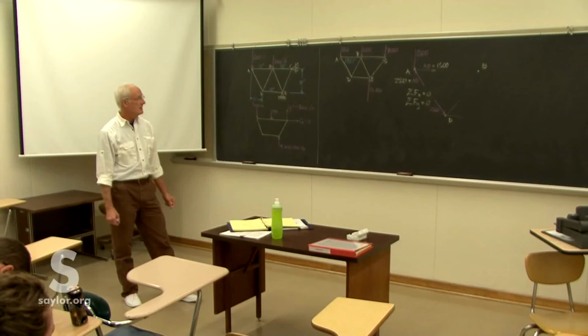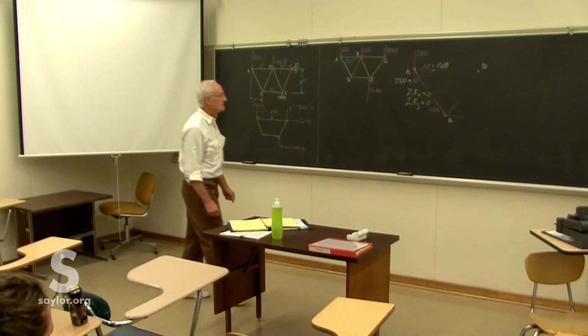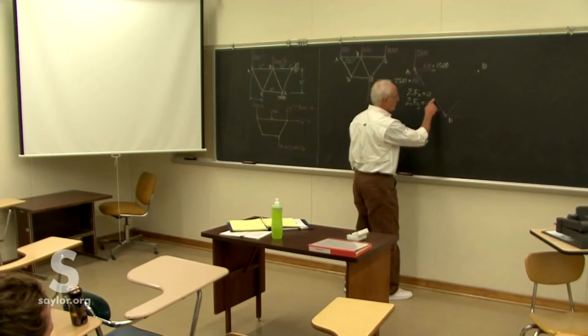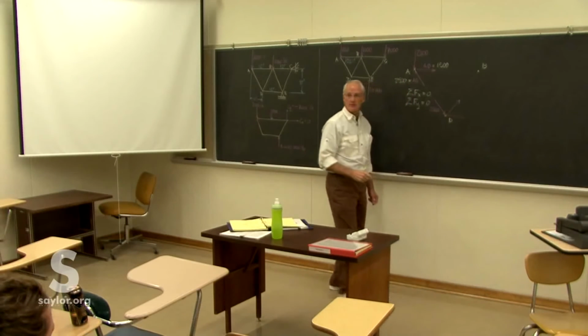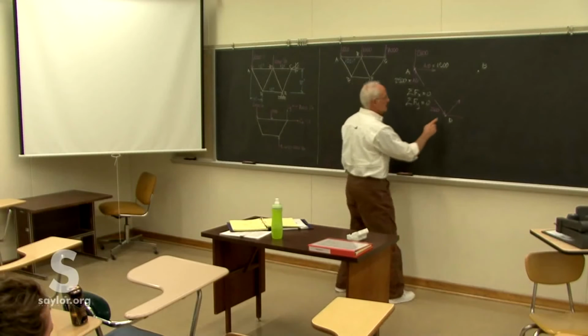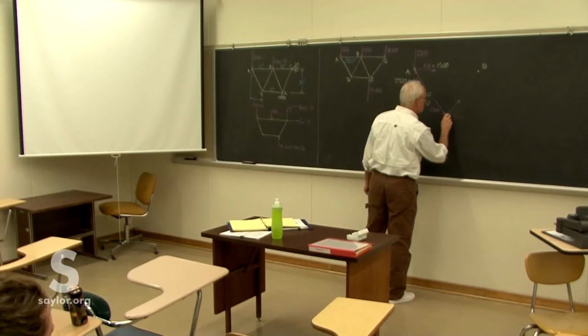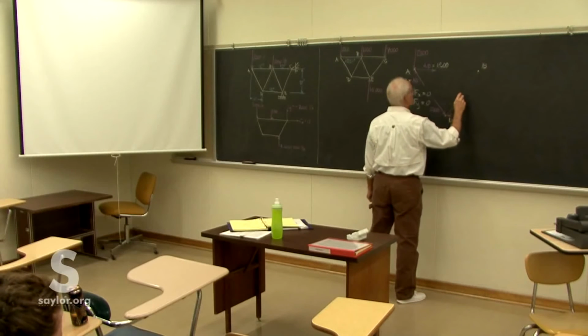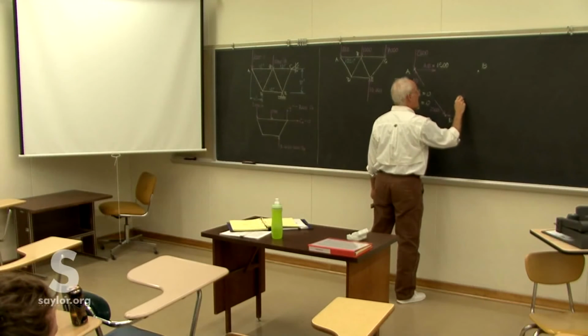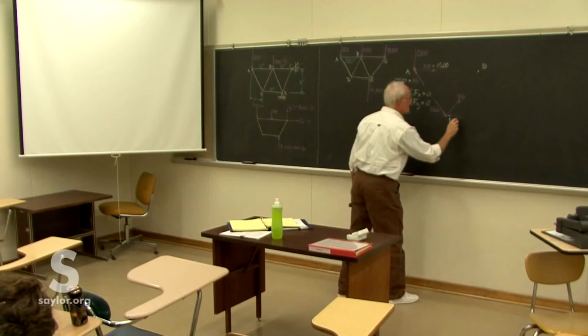But if we do, let's make an assessment. We know this one's coming down. This one's got to go up. And since that's one going to the right, that one must go to the left. And we can label these. This is BD, and that one's DE.